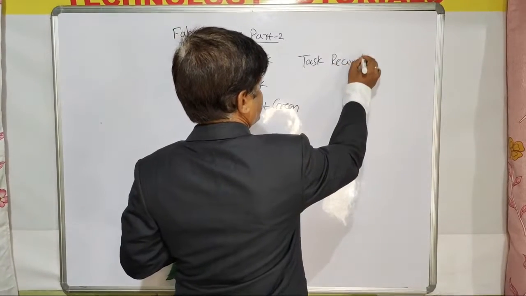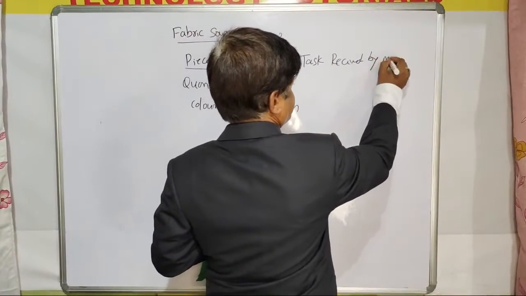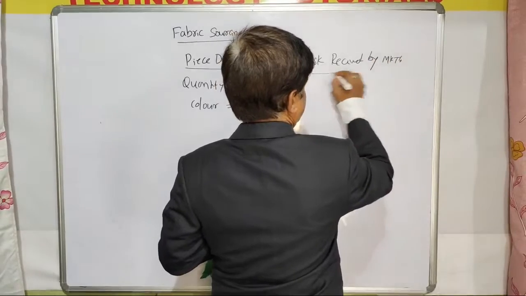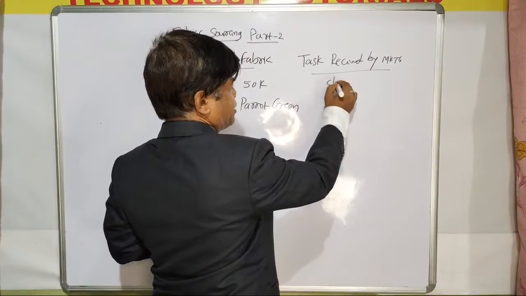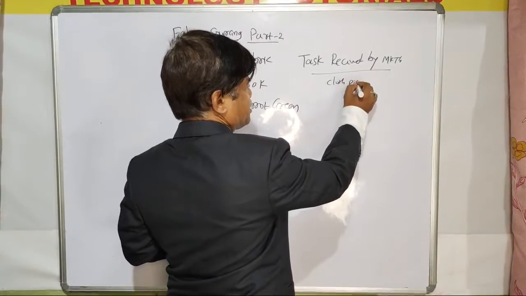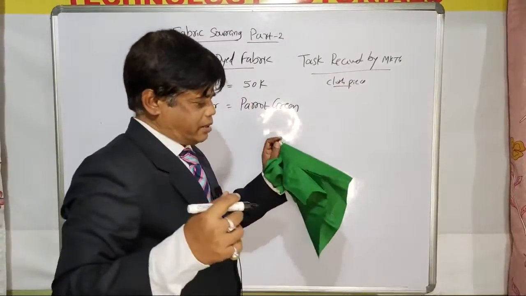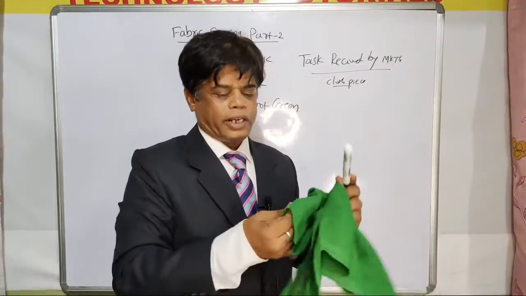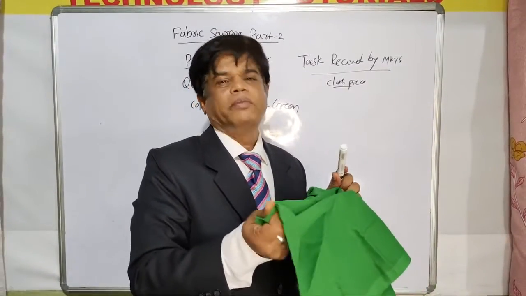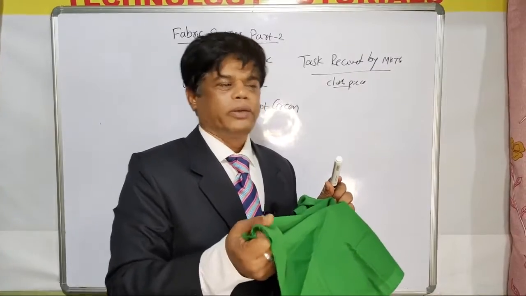The task received by the marketing team is this: they have given a cloth piece. The buyer wants garment pieces in the same quality and same shade, about 40,000 garment pieces.